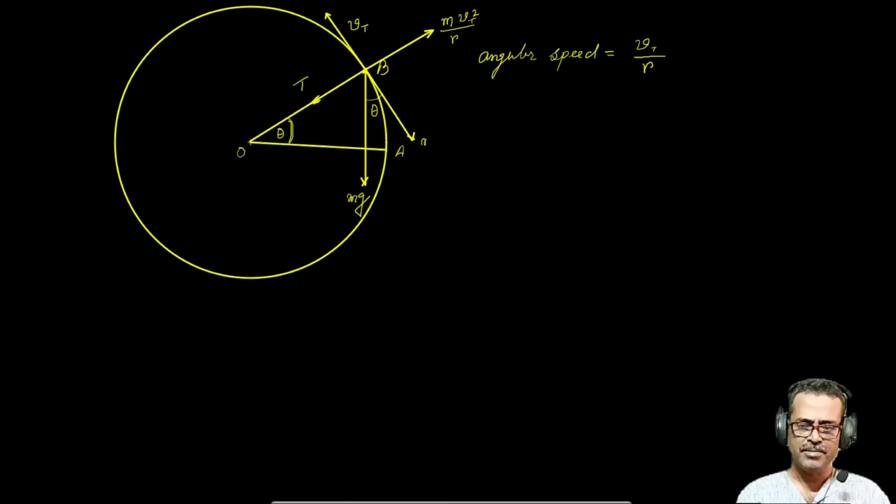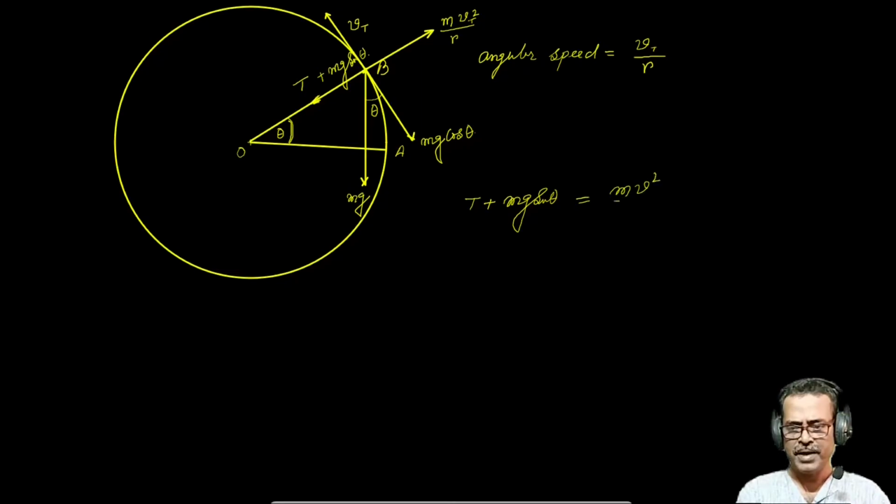So, this is mg cos theta, and this will be mg sin theta. So, we can say that T plus mg sin theta is equal to m v square by r. This is a general expression for tension.